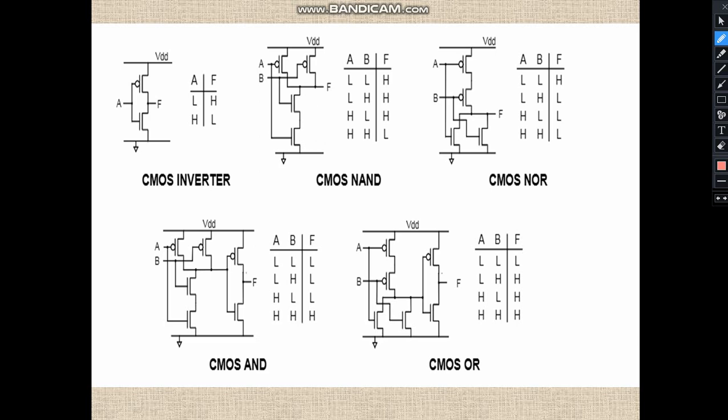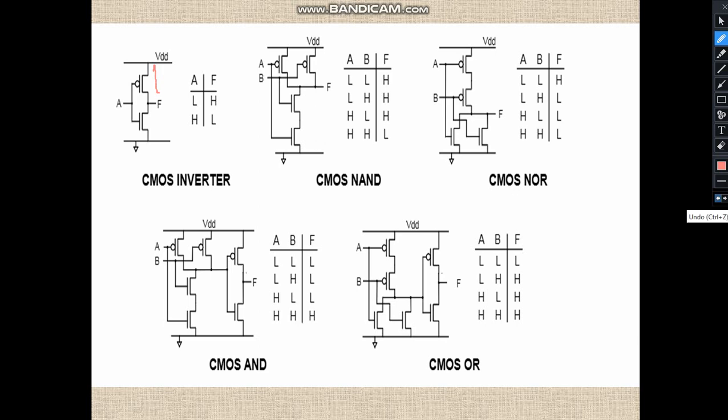If I apply input 0, meaning low, then for 0 input the PMOS will operate and the NMOS is in off state. So your output is now connected to VDD, so your output is high.